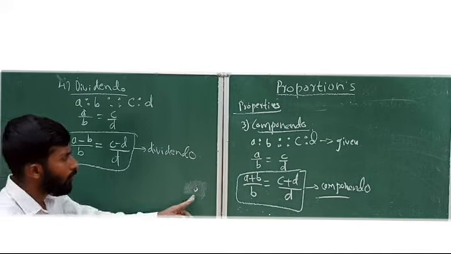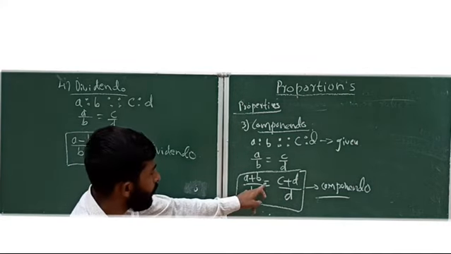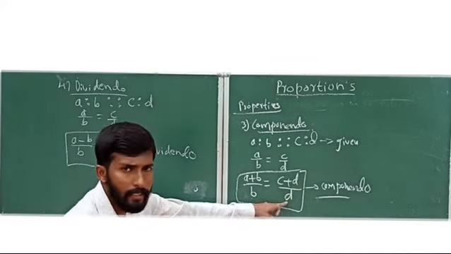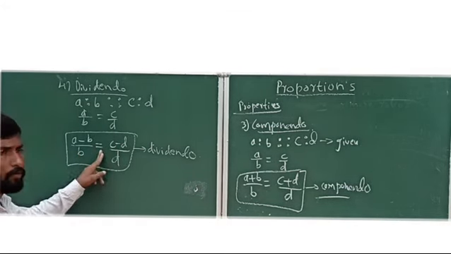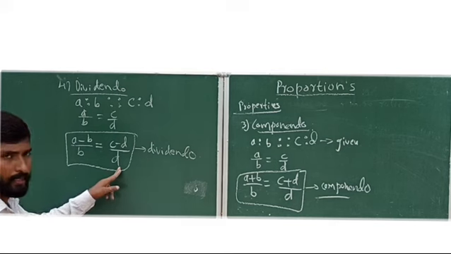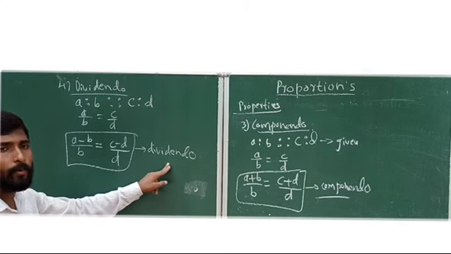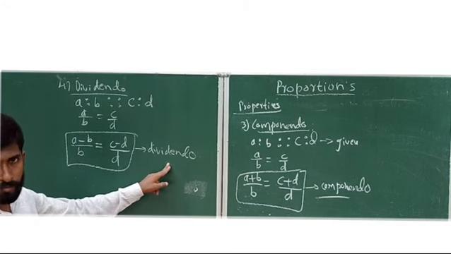In componendo, (A plus B) by B equal to (C plus D) divided by D. In dividendo, (A minus B) by B is equal to (C minus D) divided by D. We call it the dividendo property of the proportion.